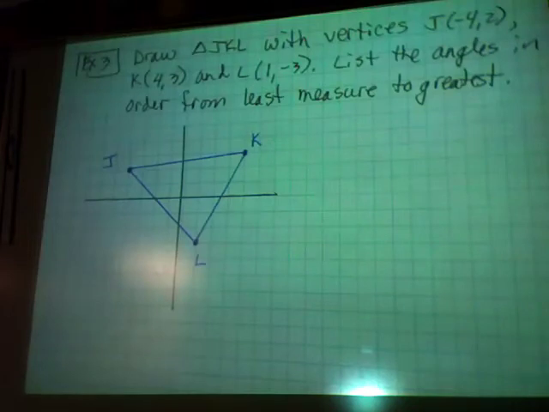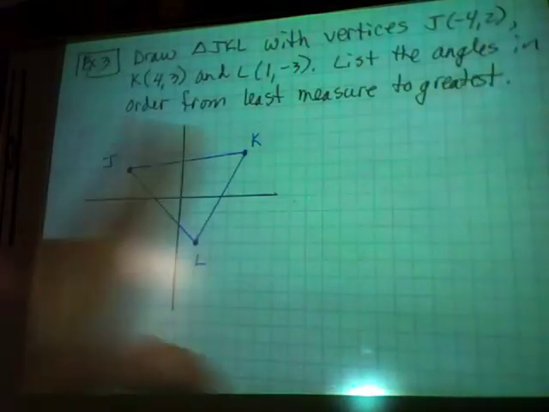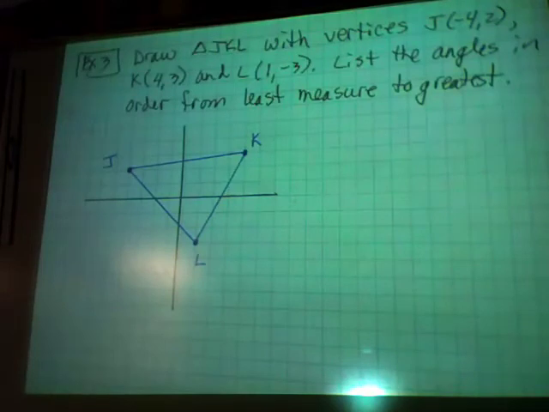The other thing that you're going to run into, what if I gave you 3 ordered pairs and I said, do these ordered pairs make a triangle? The no-duh answer would be, well, graph it and see, right? Well, what if you're not allowed to graph it to prove it? If I give you 3 vertices and ask you, does it make a triangle? You might want to write this as a note, as an aside, as a different type of question. You have to find the slopes of all 3 sides.